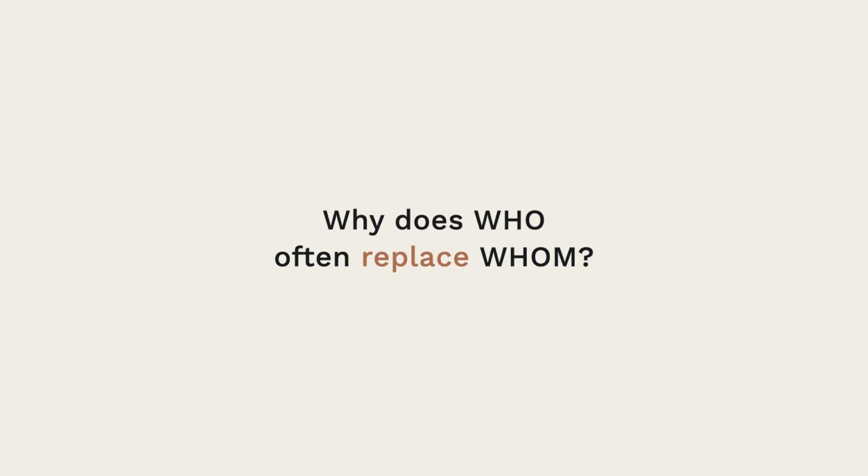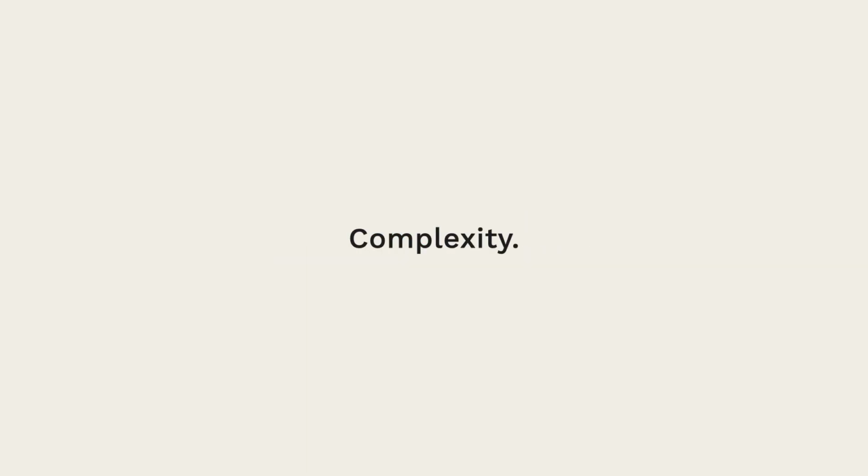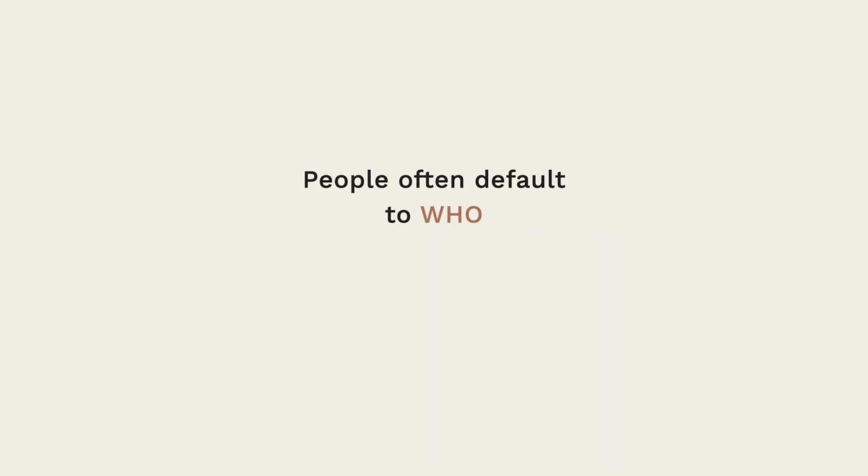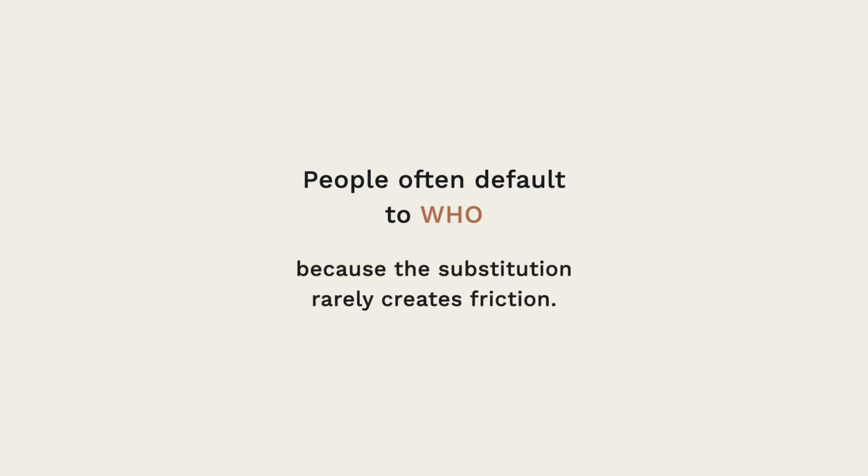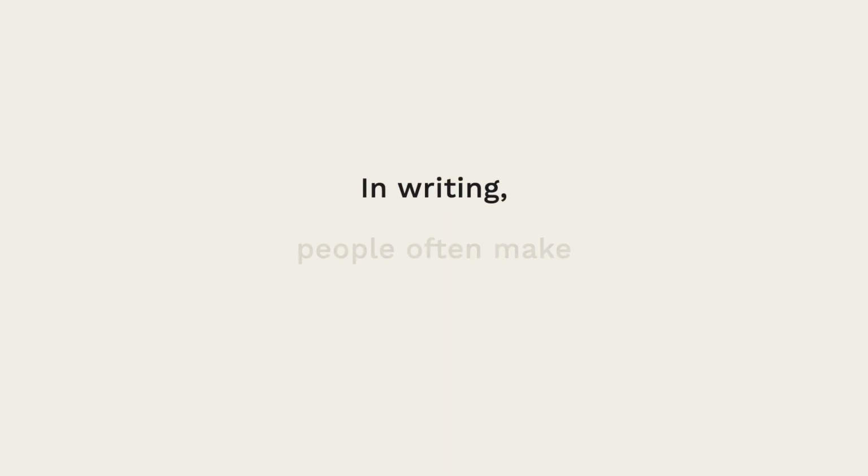But in everyday conversation, many people don't make this distinction consistently. Part of the reason is complexity. During fast speech, tracking subject and object roles can be less practical in real time. And when that distinction becomes cumbersome, people often default to who, not necessarily because they believe it's correct, but because, most of the time, the substitution rarely creates friction, and the speaker is understood despite the error.